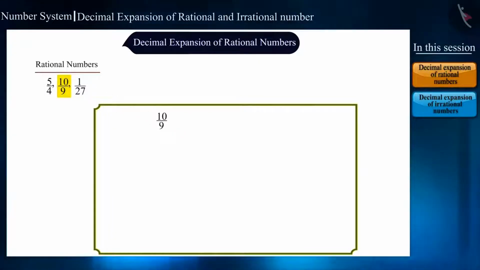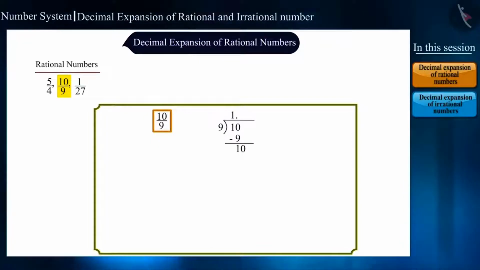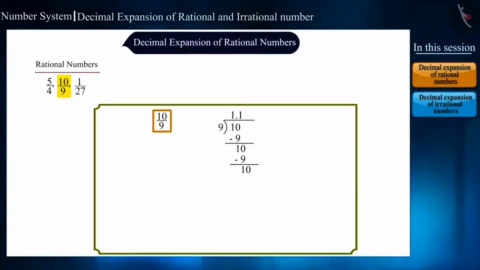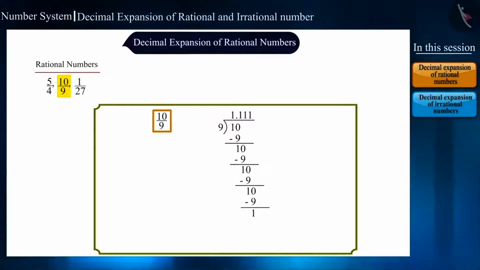Now let's take the next example 10 by 9. Here, when 10 is divided by 9, the remainder 1 is repeating instead of getting a 0. Similarly, in the quotient also, 1 is repeating and its decimal expansion is continuing in the form of 1.1111.